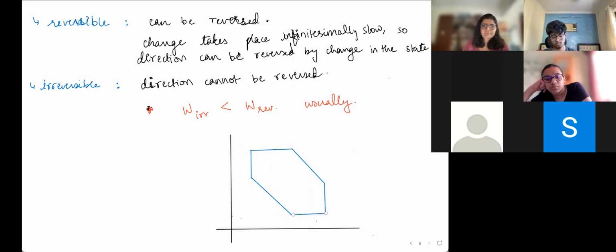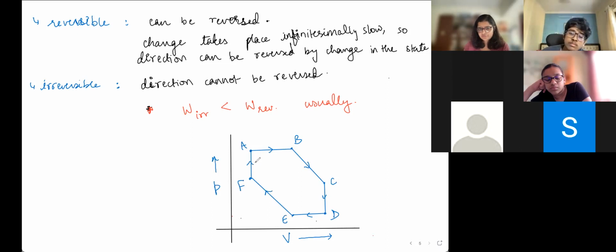So these are the kind of questions that you'll get. Okay. So this is a PV graph, pressure on the y-axis, volume on the x-axis. These are specific states. You have A, B, C, D, E, and F. The path goes A to B, B to C, C to D, D to E, E to F, and back to A. So this is a cyclic process overall.